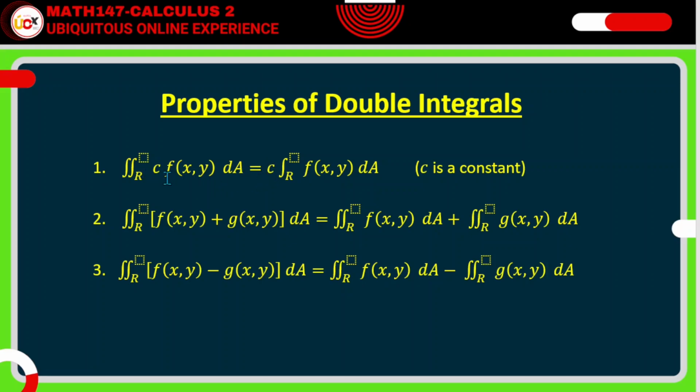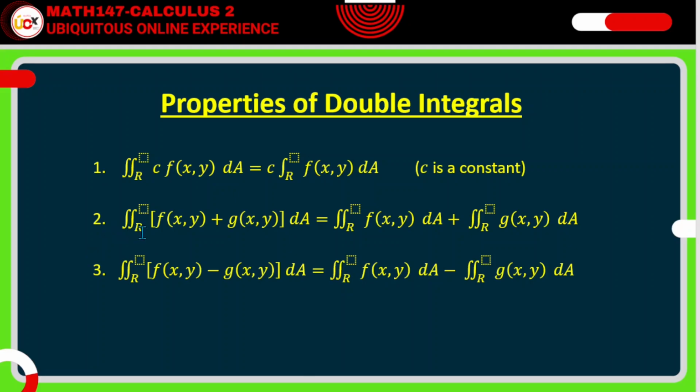You factor out c because c is constant, and then multiplied by the integral of the function f of xy times the change in the area over this rectangular region R. As I said, take note that c here is a constant, and f of xy is a function of two variables, x and y. So this is the equation of the surface.